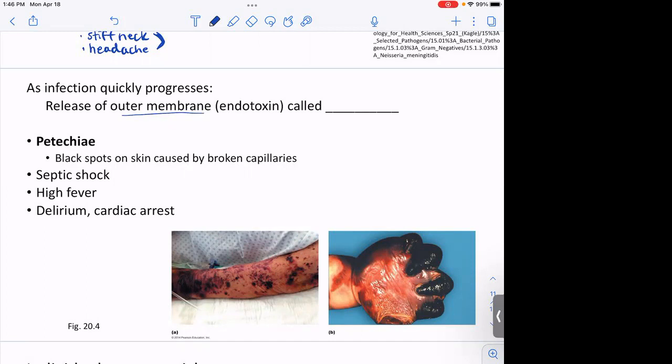Usually a gram-negative releases endotoxin only to some small extent when the cell's dividing, more so when the cell dies and the outer envelope starts to break up and disperse. But Neisseria meningitidis has a way to slough off that endotoxin all the time. We call that blebbing.